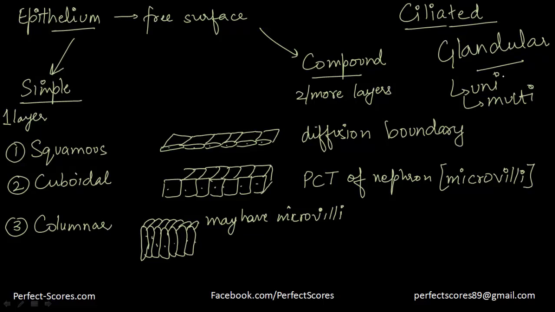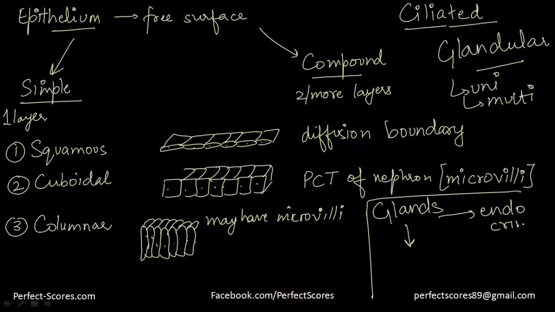And since we're talking about glands, some extra information that I would like to add here. The glands that are present in the human body are of two types. One is endocrine glands, which do not have their own duct, and that is why they pour out their secretions, known as hormones, directly into the bloodstream or the lymph system.